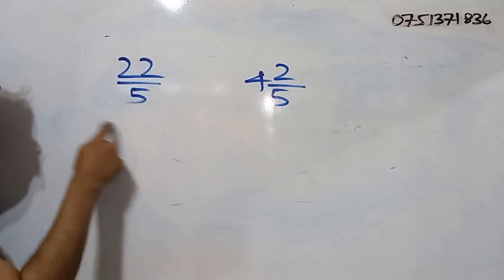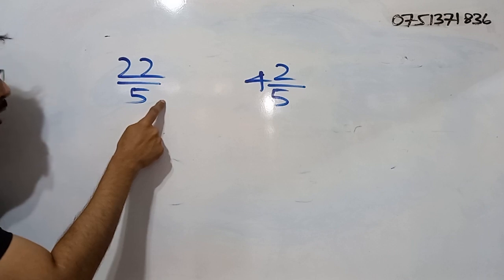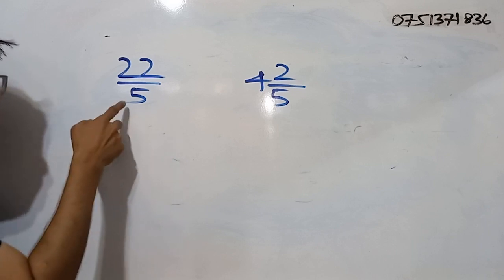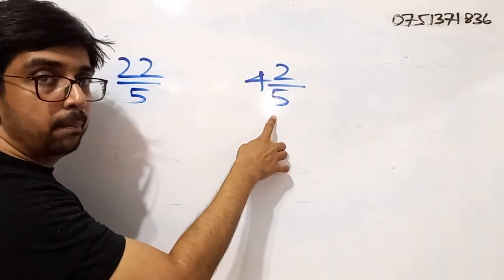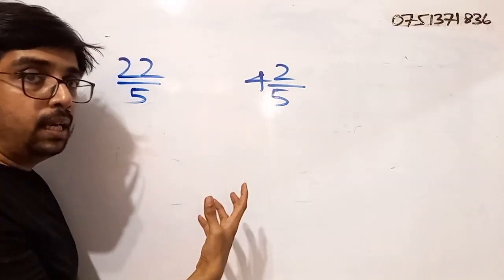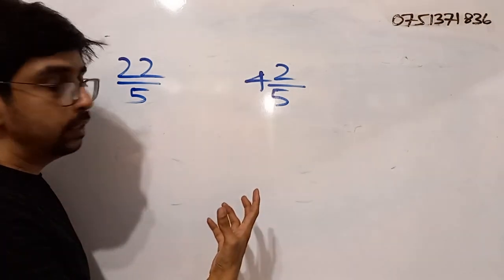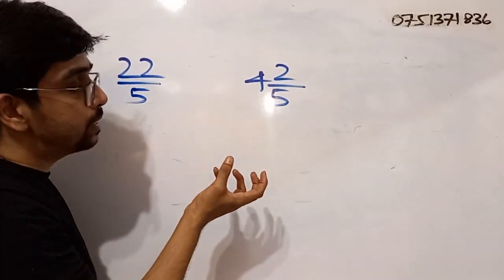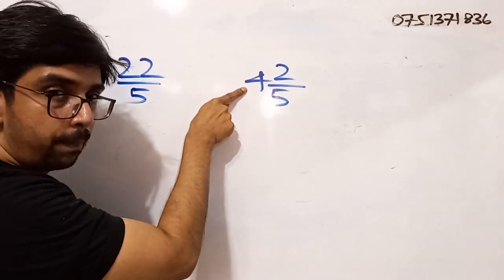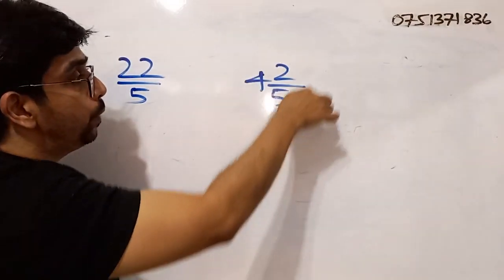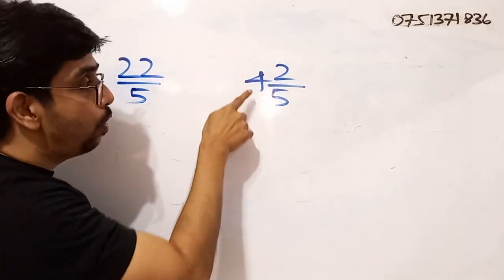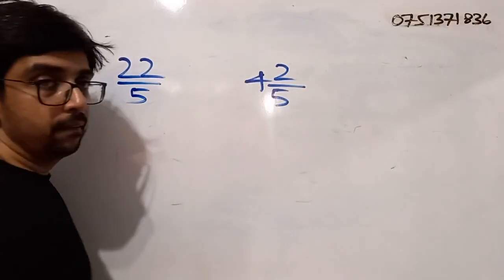So this is an improper fraction. How do we say the name of this fraction? 22 by 5. This is a mixed number. A mixed number is another kind of fraction. It has 2 parts, a whole number part and a fraction part. How do we say the name of this fraction? 4 and 2 by 5.